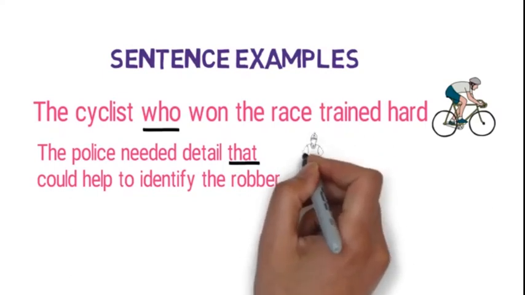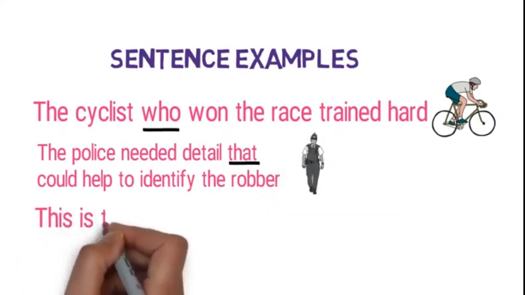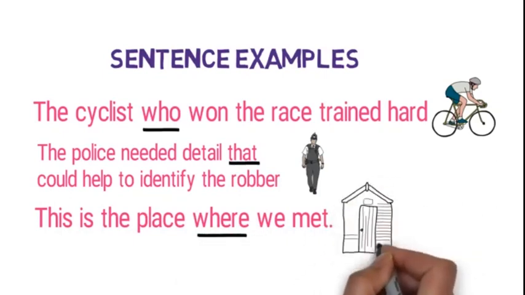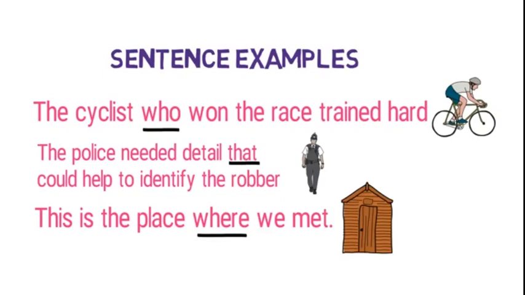So, it is a relative pronoun. This is the place where we met. Here, where is used in the continuation of the sentence, joining two sentences. So, it is a relative pronoun. So, relative pronouns are used in place of nouns which were referred to previously.